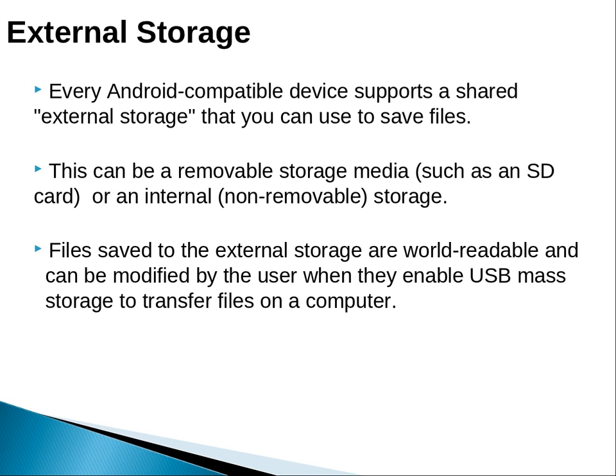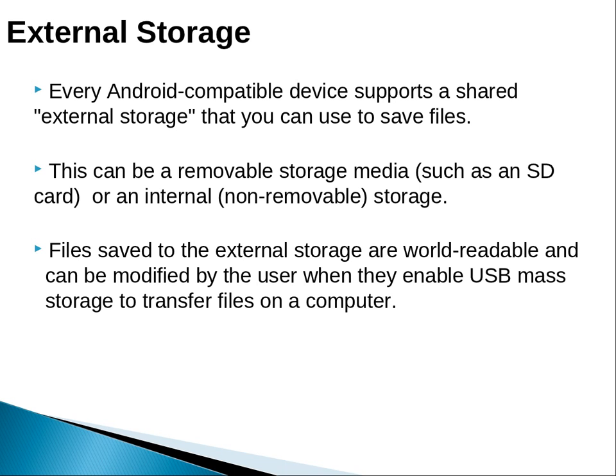As I said, we can use an SD card or an internal non-removable storage area for external storage. Files saved to external storage are world readable and can be modified by the user when they enable USB mass storage to transfer files to the computer.